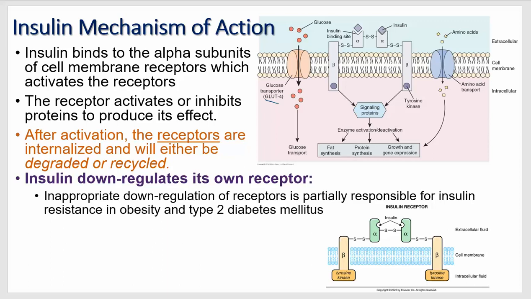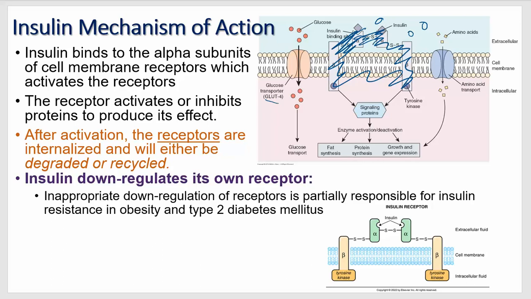So inappropriate downregulation of receptors is partially responsible for insulin resistance in obesity and type 2 diabetes mellitus. Type 2 diabetes mellitus is a situation, at least initially, where you have insulin release from the pancreas, but when it goes around to activate this receptor, the receptor may not be there.